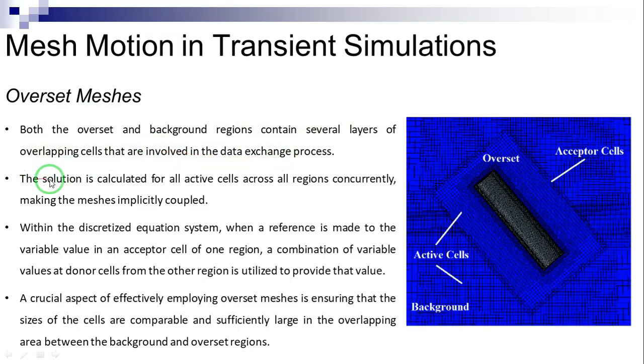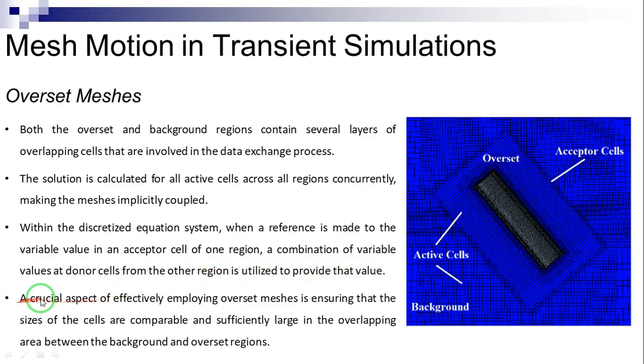The solution is calculated for all active cells across all regions concurrently, making the meshes implicitly coupled. Within the discretized equation system, when a reference is made to the variable value in an acceptor cell of one region, a combination of variable values at donor cells from the other region is utilized to provide that value.